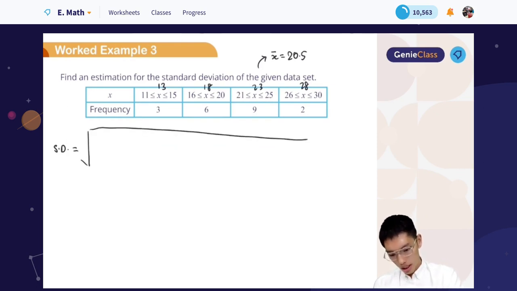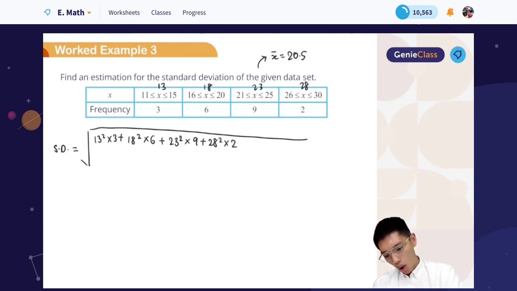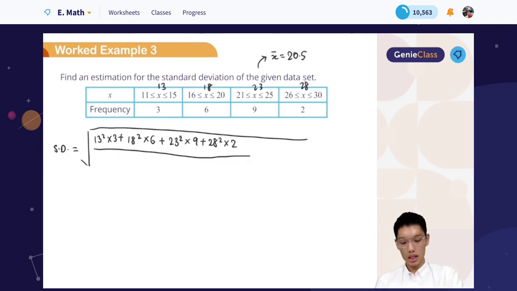So it's going to be 13 squared times 3 plus 18 squared times 6, 23 squared times 9 plus 28 squared times 2, over my total frequency, again 3, 6, 9, 2. Sorry for that, my square doesn't look good. Minus 20.5 squared.